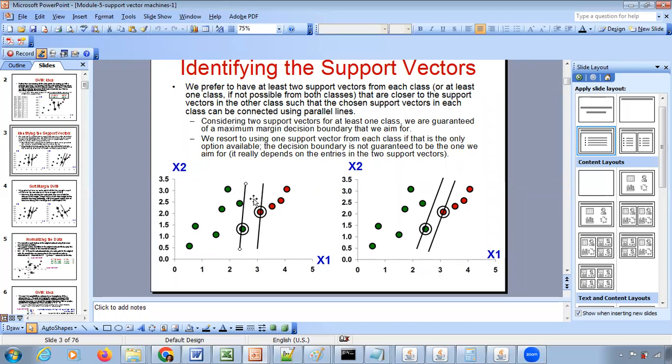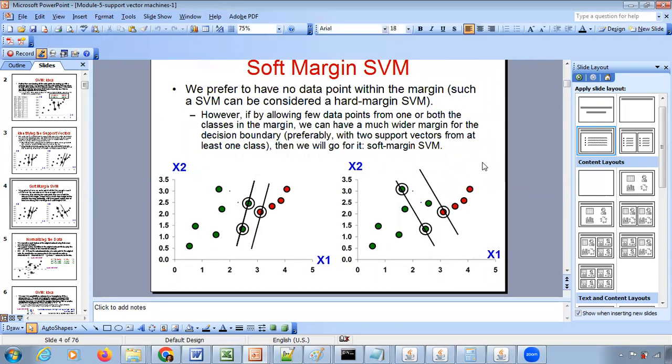The margin of the decision boundary could be this, and the direction could be this, or it could be as small as this, and the direction could be this. So you don't have any control on it. That's why, in order for the user to be able to identify the maximum margin decision boundary, we need to have at least two support vectors from one of the two classes. That way we can have control on the margin as well as the direction of the decision boundary.